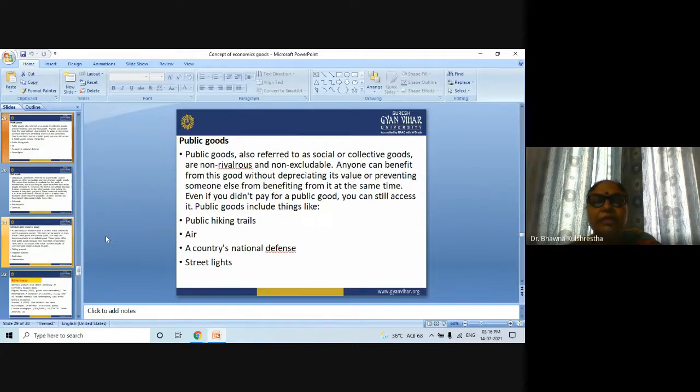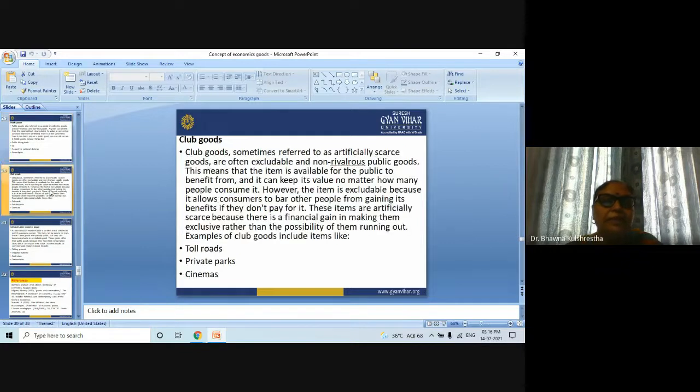Public goods include things like public hiking trails, air, a country's national defense, street lights. And next is club goods.